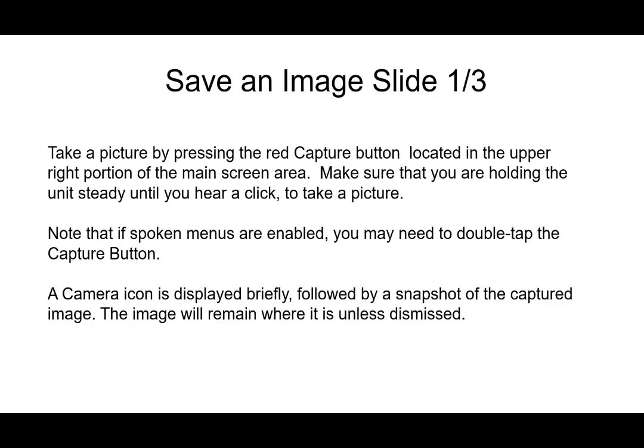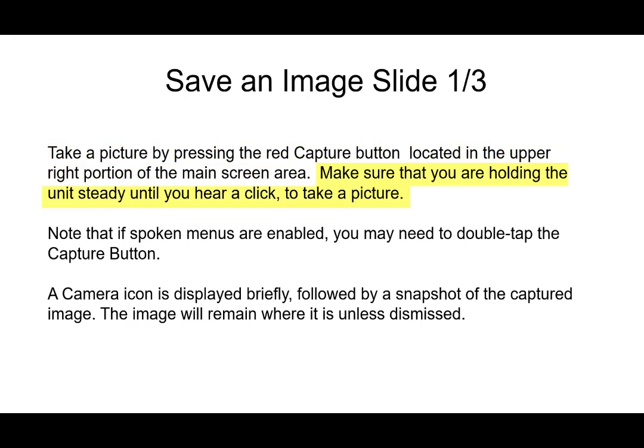So let's bring it back all the way to the beginning and talk about what we're going to do to save an image. So if you're taking the picture, you're going to position the Juno in the correct spot and press the red capture button. And as we've said before, that's the physical button located in the upper right portion of the main screen area.